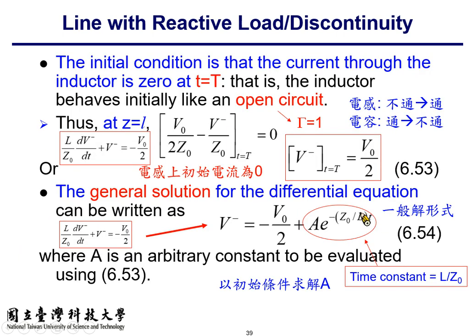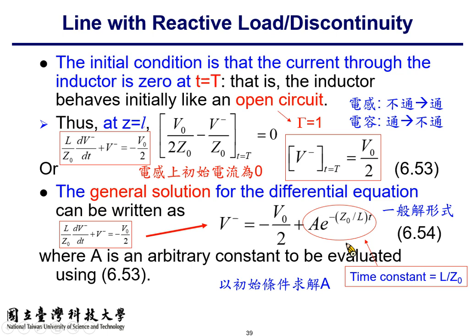So it's actually the general solution for this kind of first order differential equation. The general solution is in the form of a constant A times exponential minus t over tau.